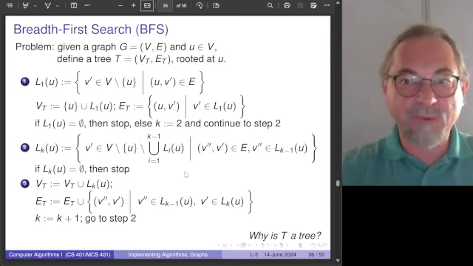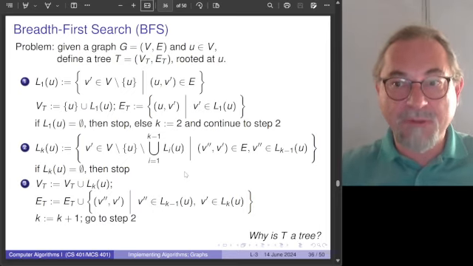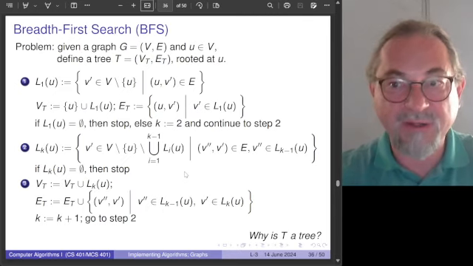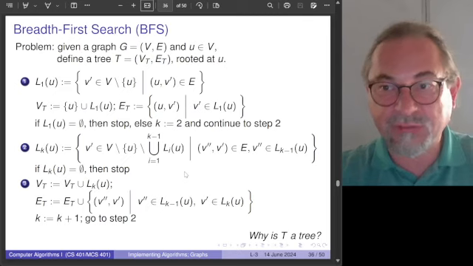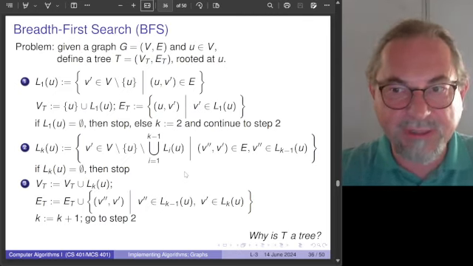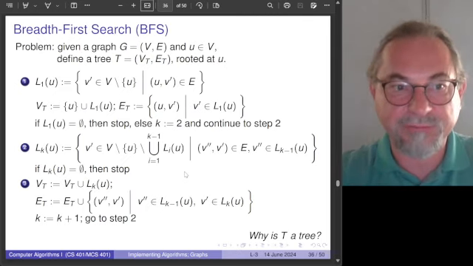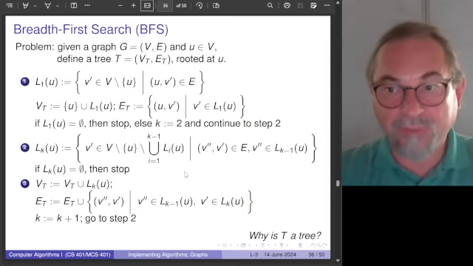We have fewer and fewer V primes to consider. So the algorithm must stop if the vertex set is finite. In this course, we actually don't consider infinite graphs. So the proof of correctness goes by contradiction. If the algorithm does not stop, well, then the vertex set must be infinite.